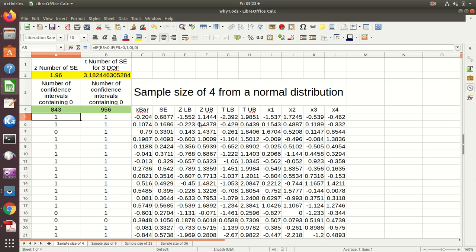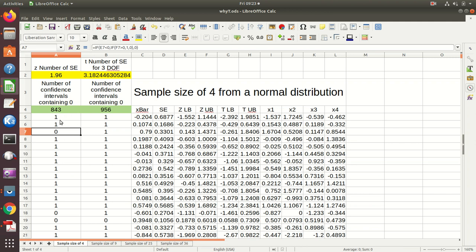And then here again, if you look at these two, here's my interval for this one, minus 0.223 to 0.4. It again contains 0, but notice this confidence interval does not contain 0, and so I put a 0 here.